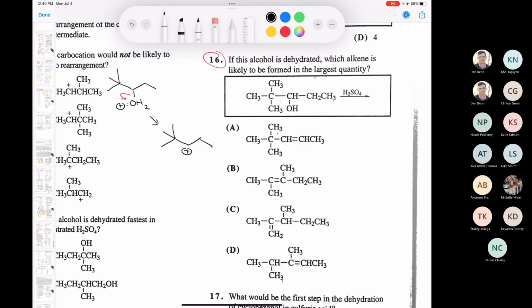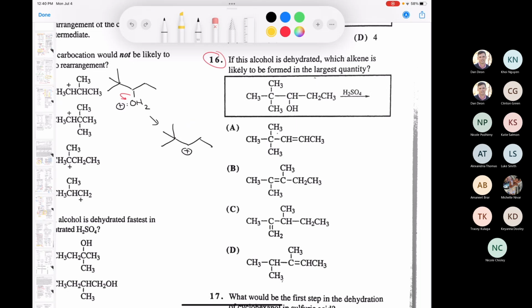Now, what's going to happen now that I'm at this secondary carbocation? Can anybody tell me? Once I have this secondary carbocation, what's going to happen? Will anything happen, or I'm going to have a methyl shift, aren't I?